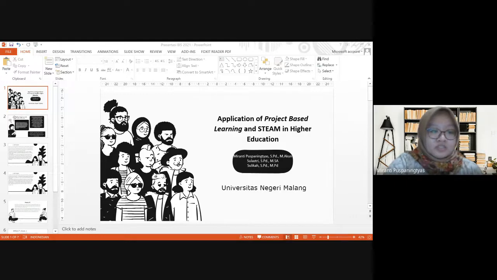The implementation stage provides project-based learning and STEAM learning treatment, as well as the pre-test and post-test before and after the treatment. The final stage is to analyze, discuss, and draw conclusions.